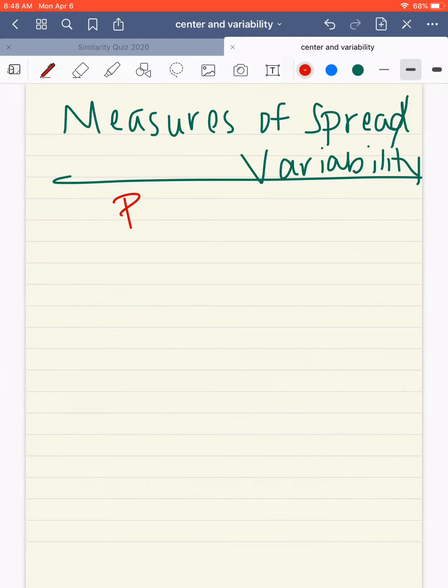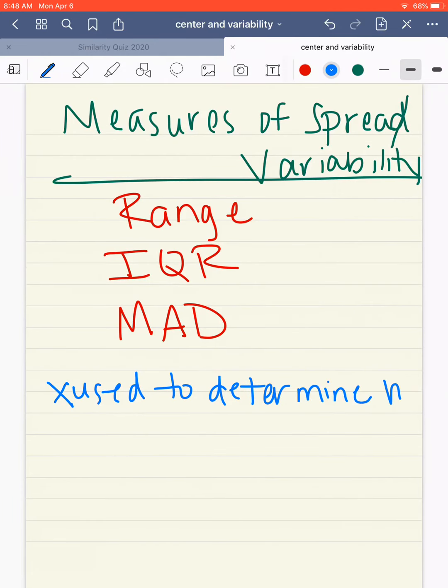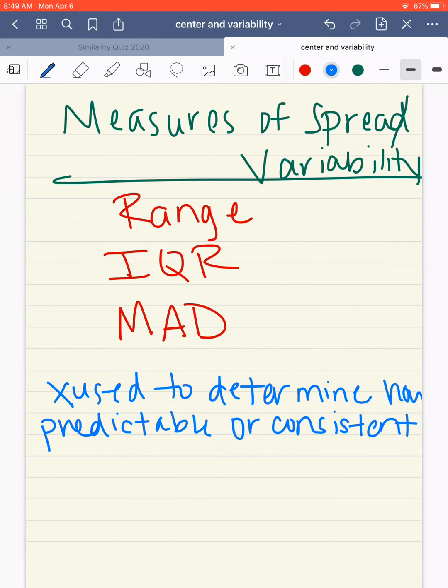We have range, we have the interquartile range or IQR, and we have the mean absolute deviation or the MAD. Okay? Measures of spread or variability are used to determine how predictable or consistent data is.